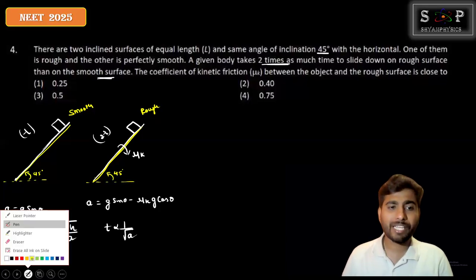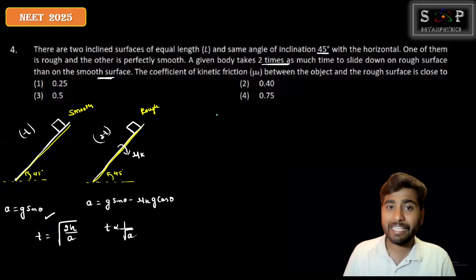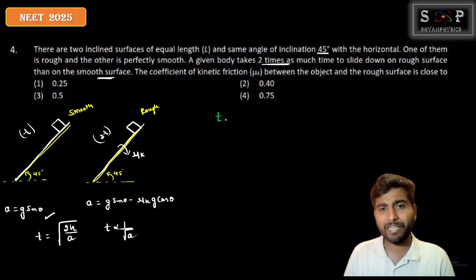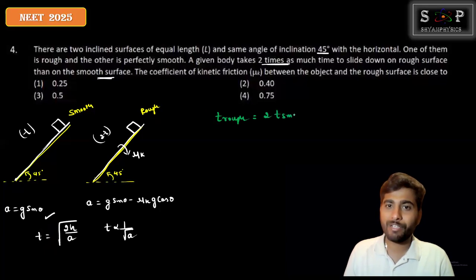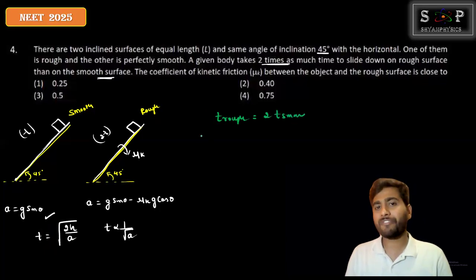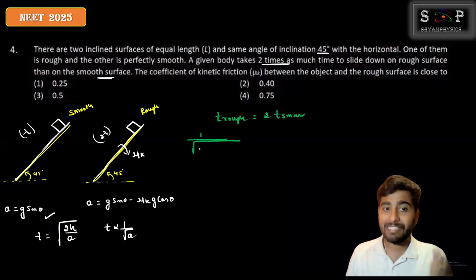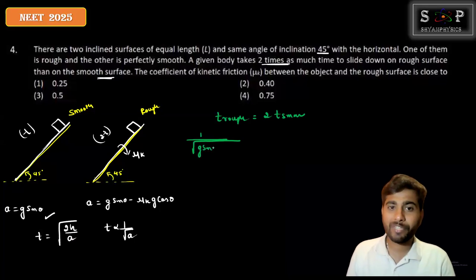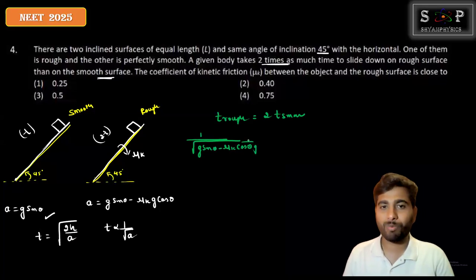What they gave in the equation basically is that the time taken on the rough surface is equal to 2 times the time taken on the smooth surface. For the rough surface, time is 1 by under root of acceleration, so I will write g sin theta minus mu k cos theta into g. Sorry, g is missing here, no problem.